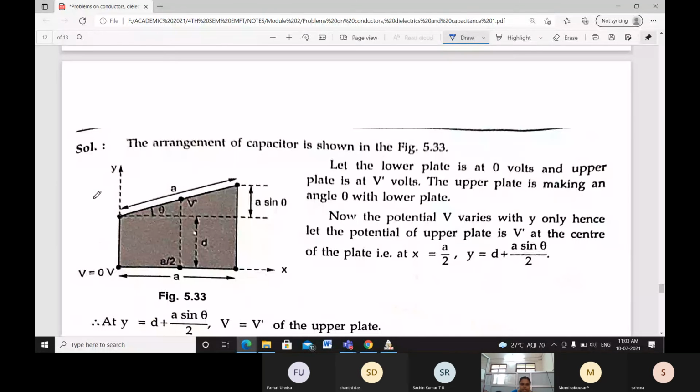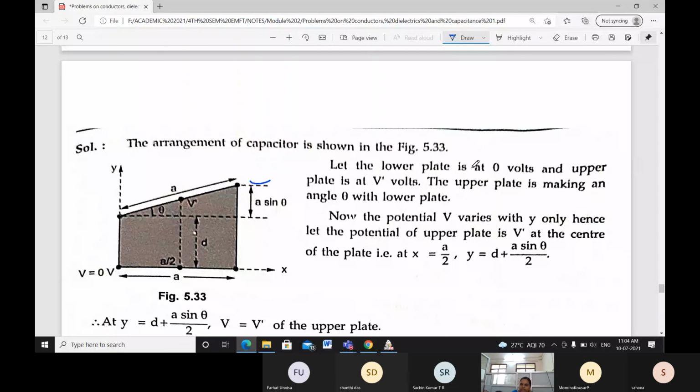This is how the arrangement is going to be. XY, where it is 0 volts, and theta is this part, and here the whole length is a, the midpoint is going to be a by 2, and here it's going to be a sin theta.